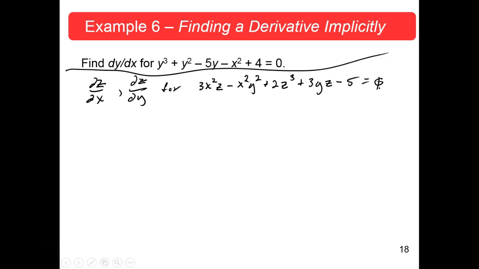Okay, with that equaling 0, we have a perfect candidate for our capital F.